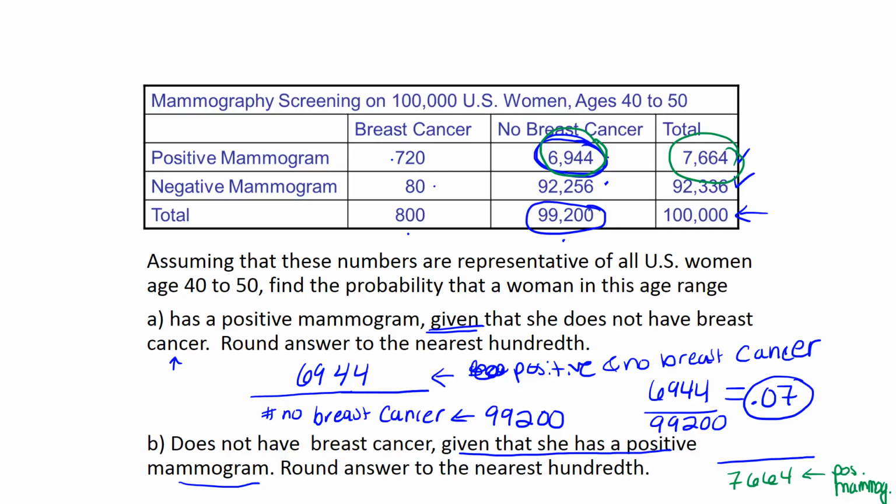You can see that these two are actually different: has a positive mammogram given that she doesn't have breast cancer, or does not have breast cancer given a positive mammogram. The given is always the denominator. 6944 divided by 7664 is approximately 0.91.